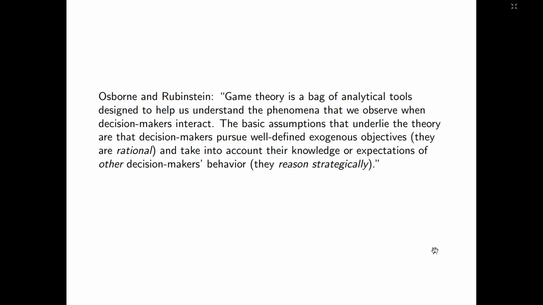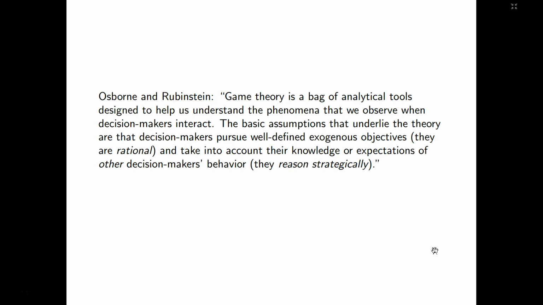So let's start with a very general description of what game theory is. Osborne and Rubinstein say that game theory is a bag of analytical tools designed to help us understand the phenomena that we observe when decision makers interact with one another. The basic assumptions that underlie the theory are that decision makers pursue well-defined exogenous objectives. That is, they're rational.